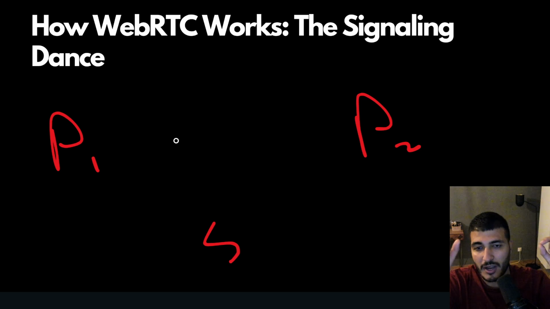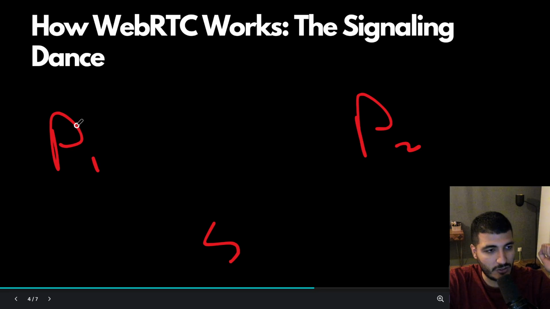The server is not a part of WebRTC itself. You build it using technologies like WebSockets, HTTP, or any custom messaging solution. It acts as the matchmaker, helping two peers find each other. So these two peers will find each other with the help of our servers.